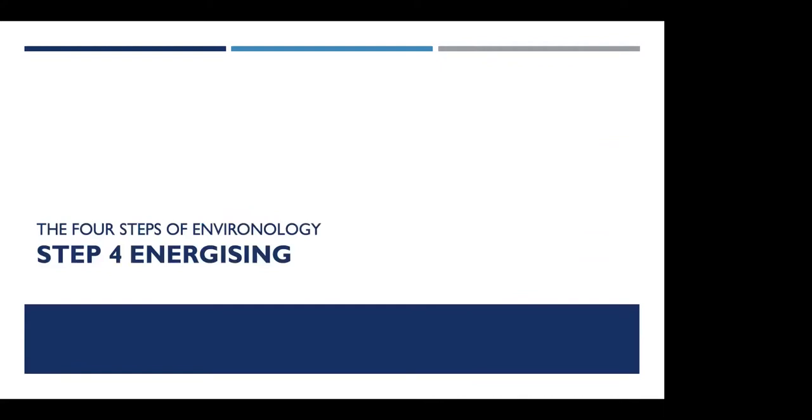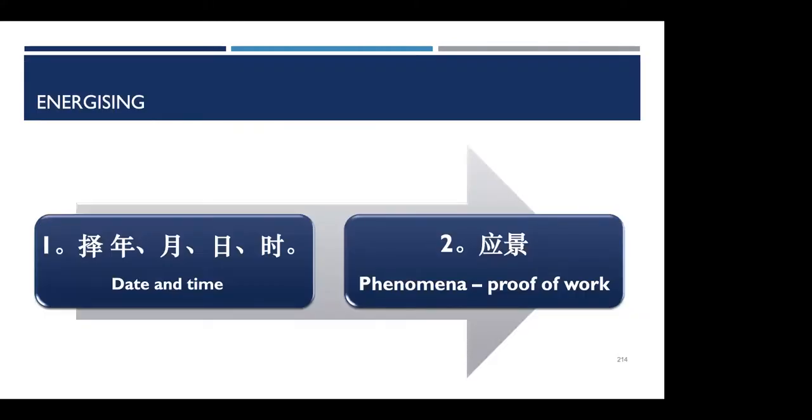Okay. So step 4, environology. Step 4 on energizing. In energizing, there are 2 important parts. One is you got to pick the year, the month, the day, and the time. The time here is very, very important to determine what month, what day, what time to start the energizing.